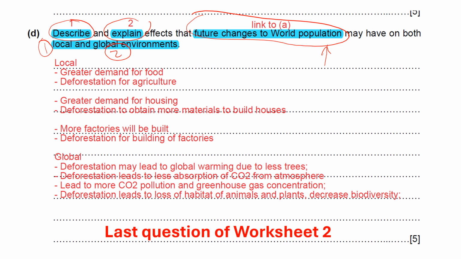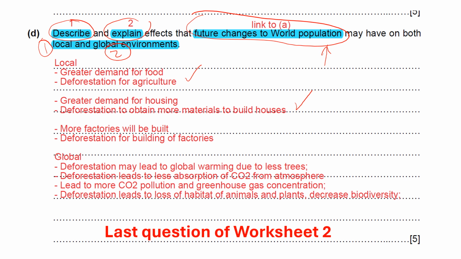Okay, for local, you can think about it from a smaller point of view, from a small area point of view, like a country or continent. So you can talk about greater demand for food or deforestation for agriculture. Okay, you can talk about communities needing more housing, and deforestation is causing them to cut down more trees to build more houses because they need the materials as well and the land.